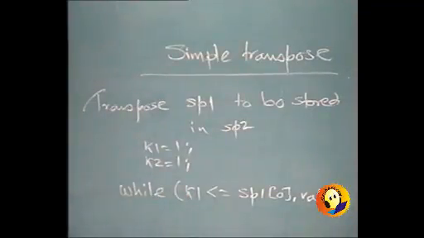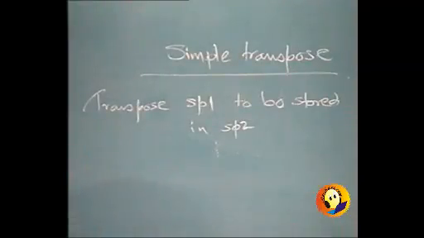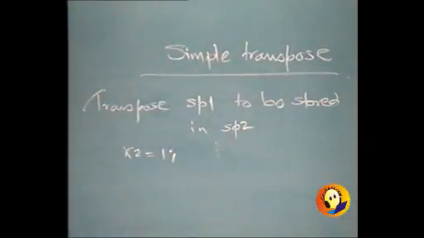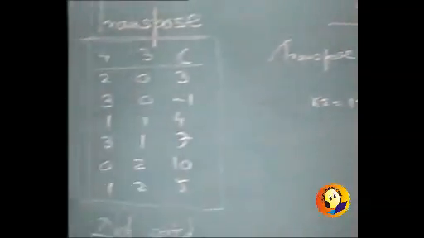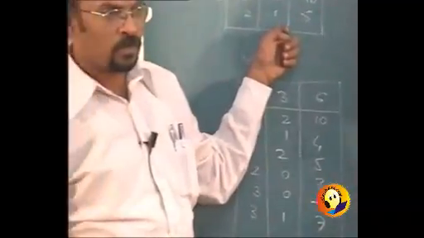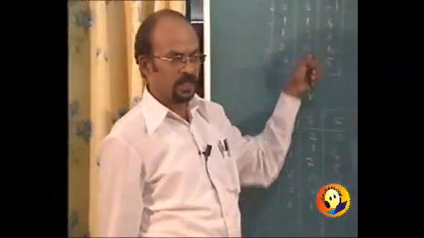No, we cannot do this. One second. We are going to store values in SP2 from position 1. That is true. Secondly, I will have to go through all the elements, but every time searching for a particular column number. First search for column number 0, then column number 1.